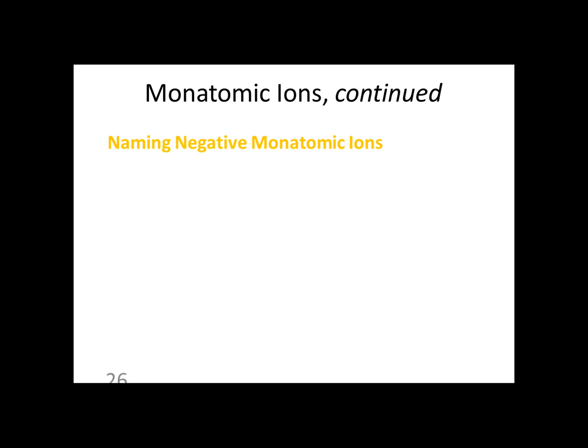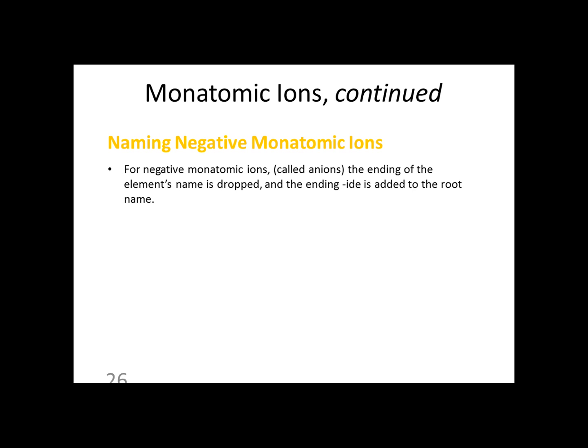All right, the negative ions are a little bit more complicated. The negative ions do not take the same name as the atom, but they take the root name from the atom. You truncate, you get rid of the ending of the element name, and you add "ide" in its place. So, for example, the fluorine atom forms an ion that has a -1 charge, and we name that fluoride.